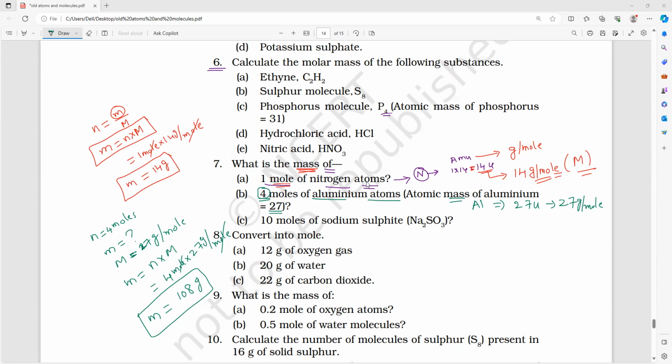Have you understood? Niroshi, solved? Yes, sir, solving, sir. Do it.